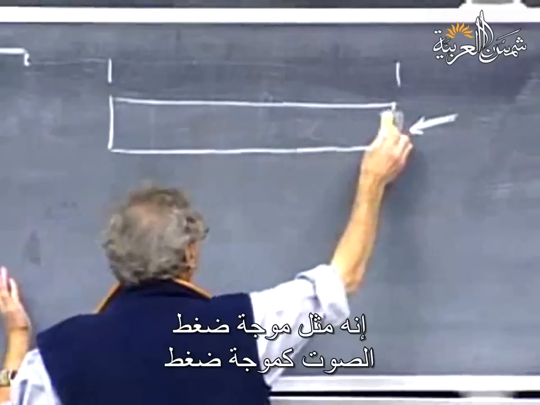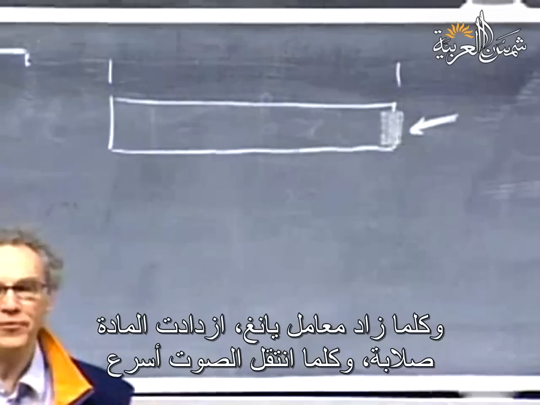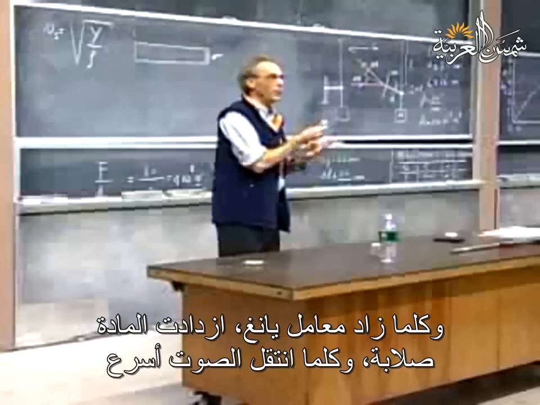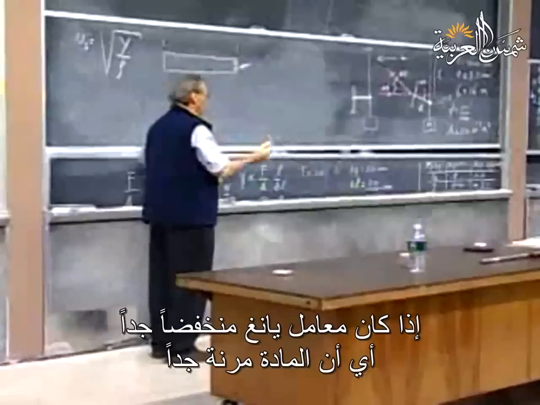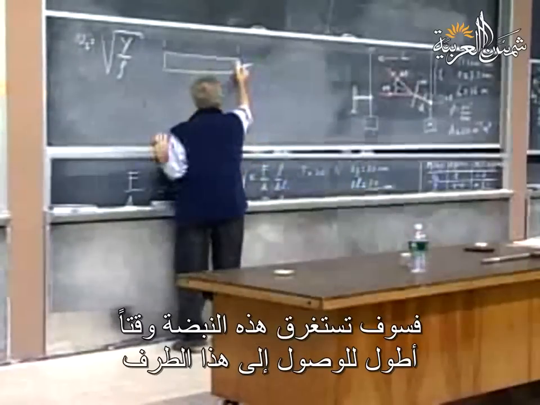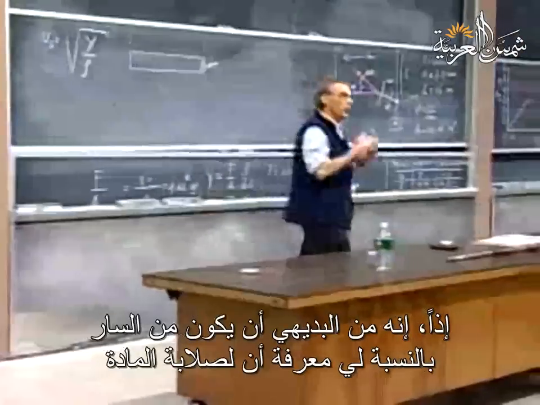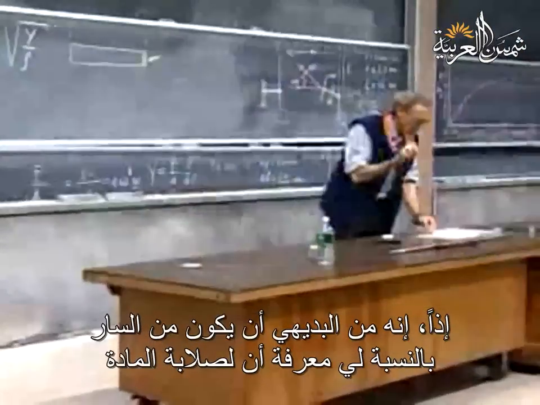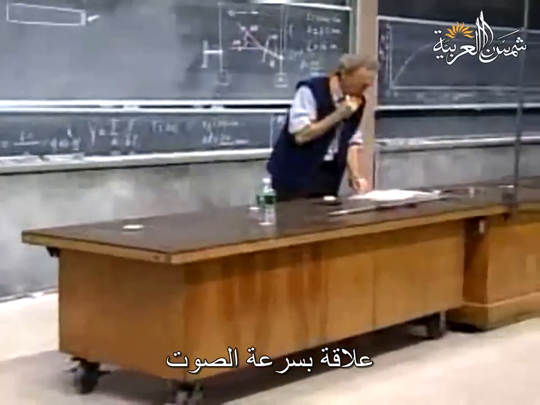It's like a pressure wave, like sound is a pressure wave, and that takes time. And the larger Young's modulus is, the stiffer the material is, the faster that will go. If Young's modulus is very low, the material is more elastic, it will take a longer time for this pulse to reach this end. So it is sort of intuitively pleasing for me that the stiffness of the material is related to the speed of sound.